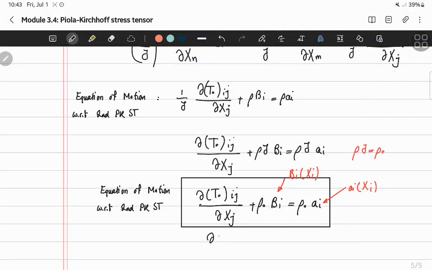It was the partial derivative of Tij with respect to small xj plus rho bi is equal to rho ai, and this ai is basically a function of small xi, and this bi was a function of small xi. So be careful about this.